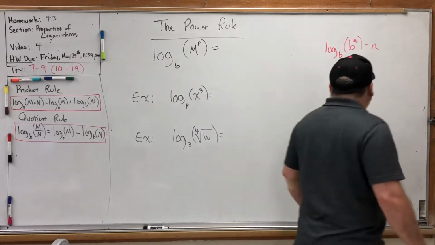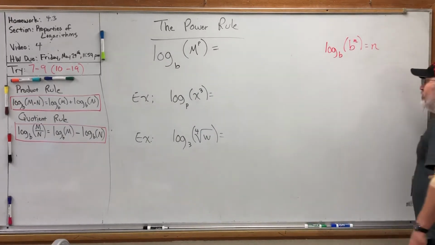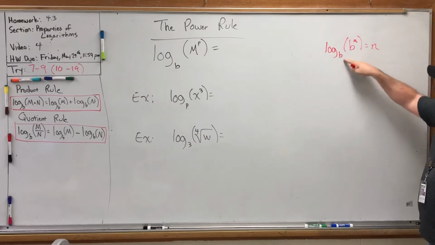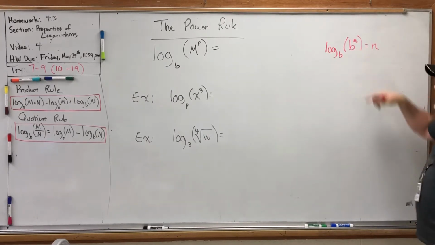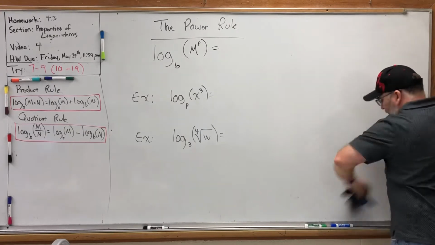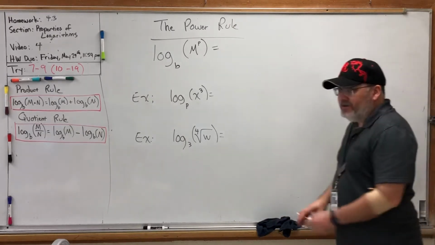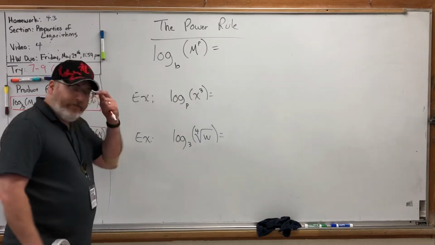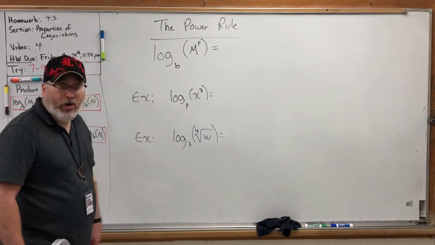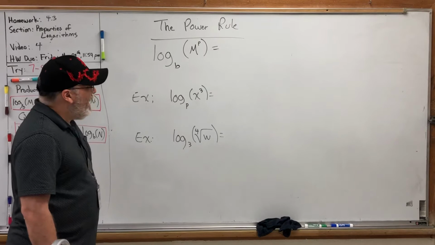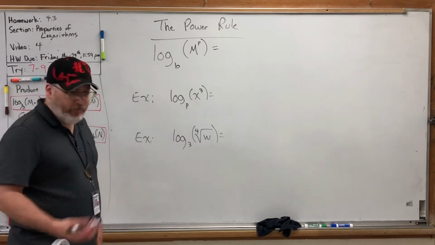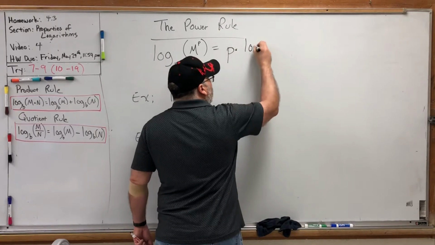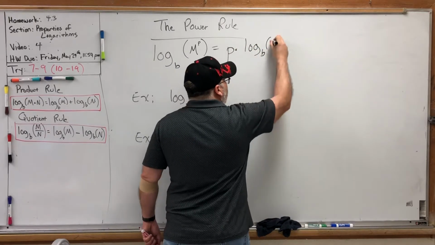So think of the power rule as a more general version of what to do with a log that looks like this, without the requirement that these numbers match. The power rule is ridiculously easy to execute. It basically says if there is a power on the entire argument, you may remove the power and put it in front of the logarithm as a factor. So you can put the power in front and multiply. Everything else stays the same.